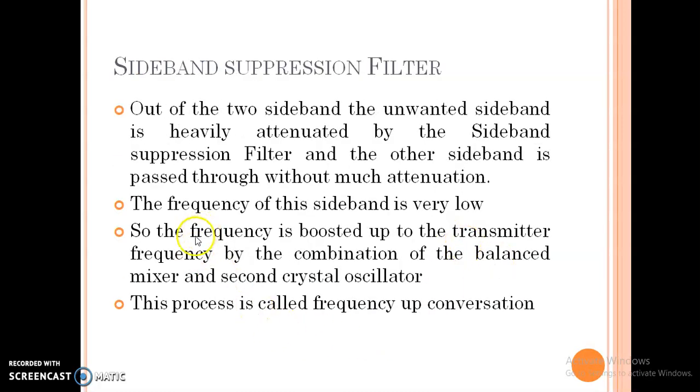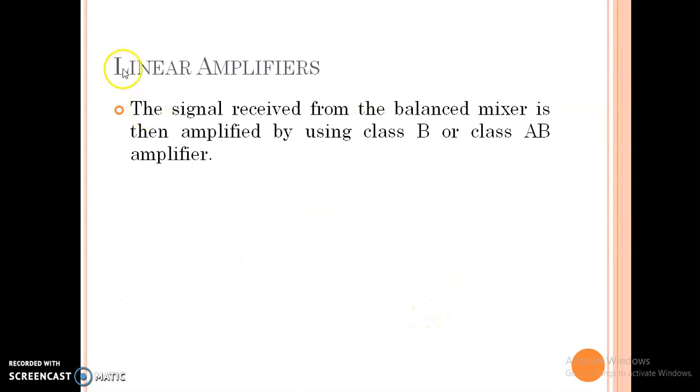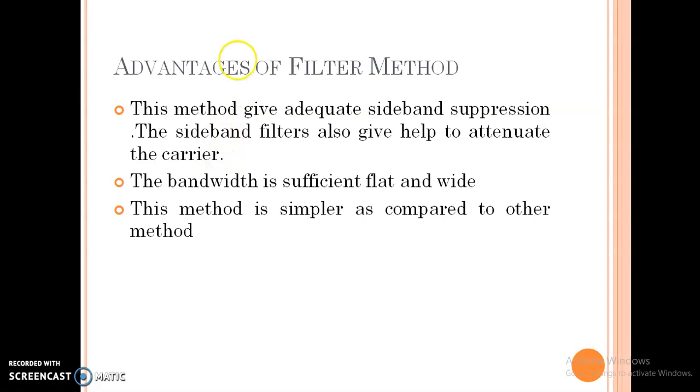So the frequency is boosted up to the transmitter frequency by the combination of the balanced mixer and the second crystal oscillator. This process is called frequency up conversion. Then the signal goes to the linear amplifiers. The signal received from the balanced mixer is amplified by the class B or class AB amplifier. Then it goes to the transmitter. Then we will transmit the single sideband signal.